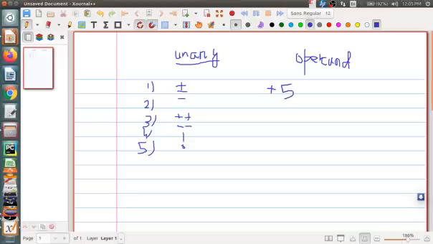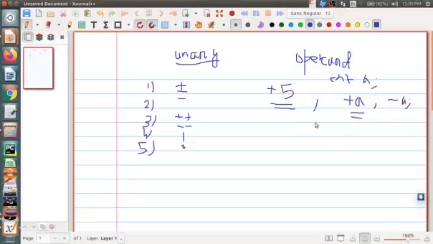I can write this expression also. This is a valid expression, plus 5. Or I have declared int a, and I can write plus a. This is a valid expression, or I can write minus a also.